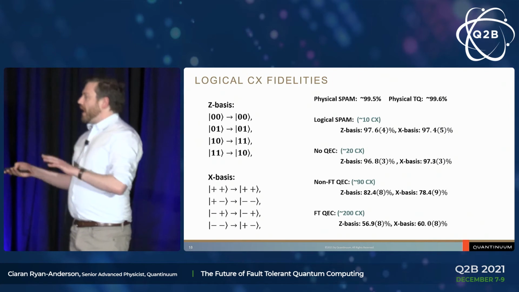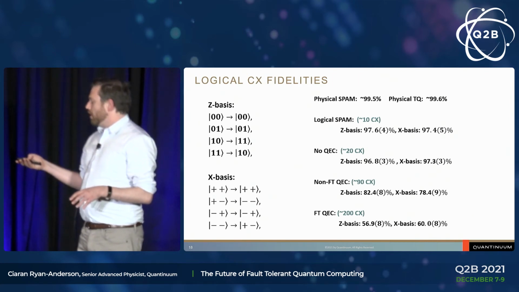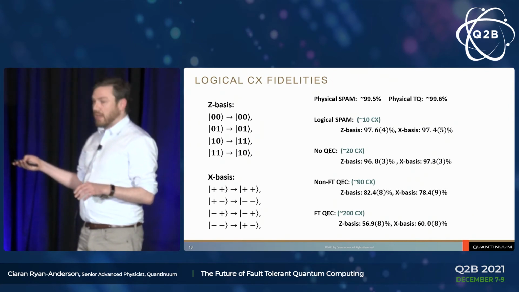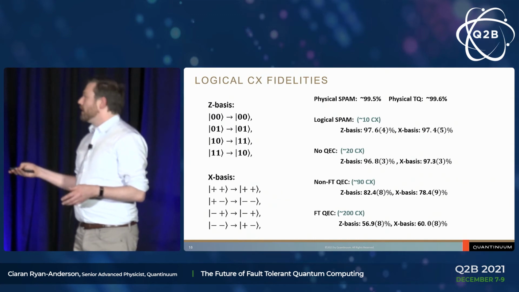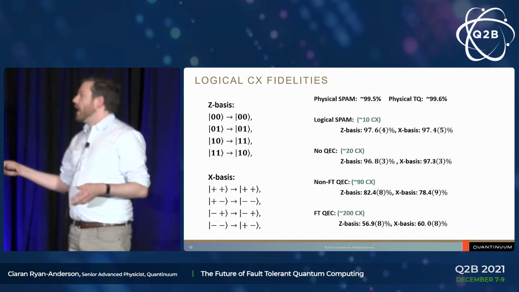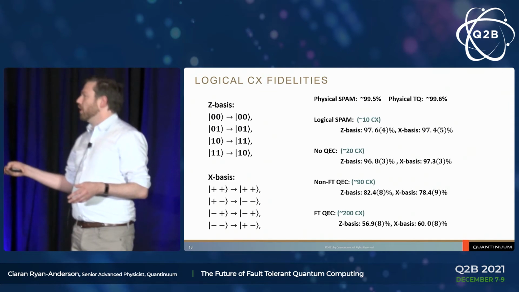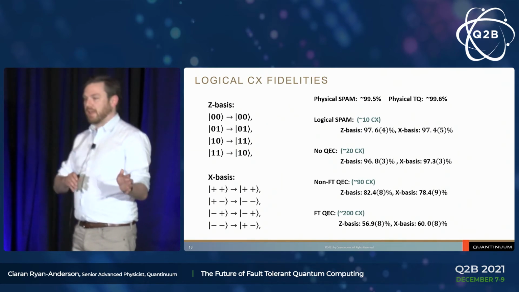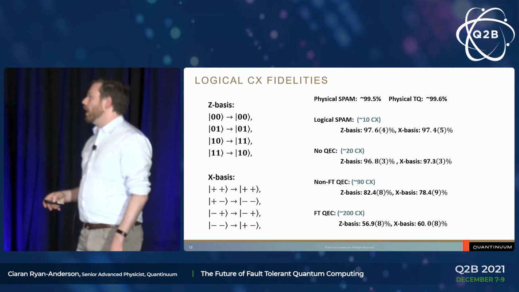So to step back, what the logical CNOT or even a physical CNOT does is it takes the states, so over here in the Z basis, and it modifies them. So 1, 0 goes to 1, 1. These are the Z basis states, and the X basis states have similar transition rules.